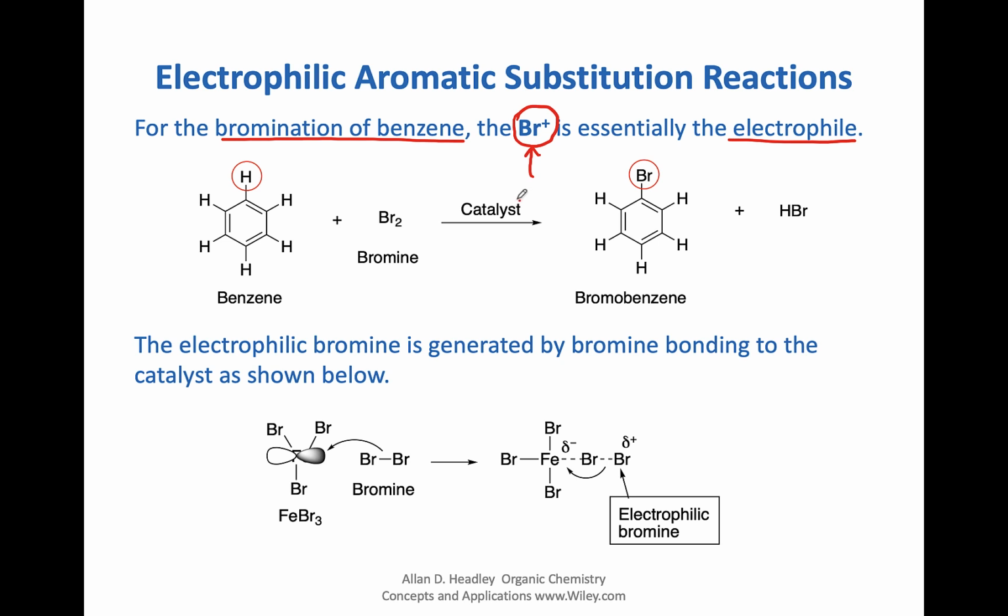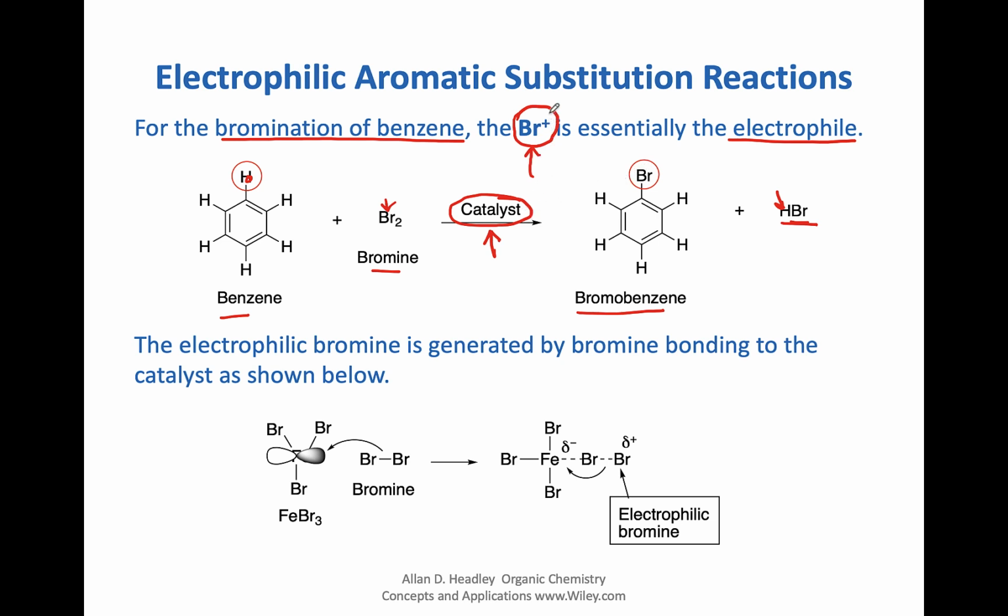So, and that's the catalyst. That's why we need a catalyst. So the overall reaction is benzene reacting with bromine, and very important, a catalyst will generate here bromobenzene and HBr. As you can imagine, H goes over here, and one of the bromine goes here for the inorganic product, and the other one goes as the organic product.